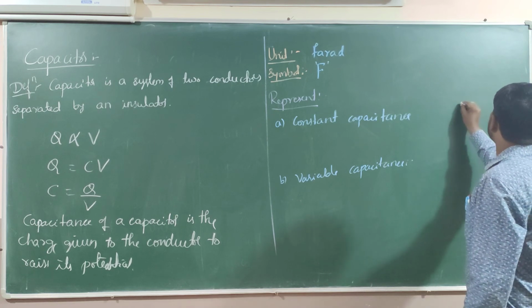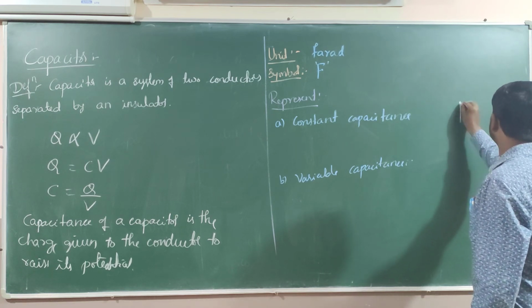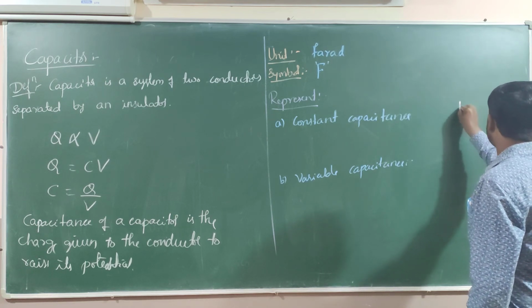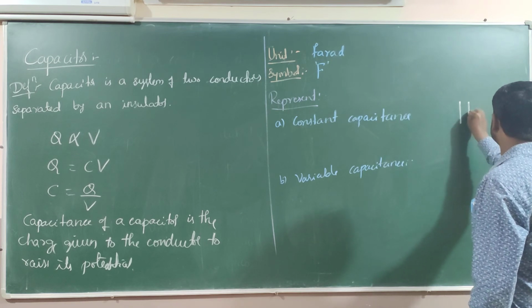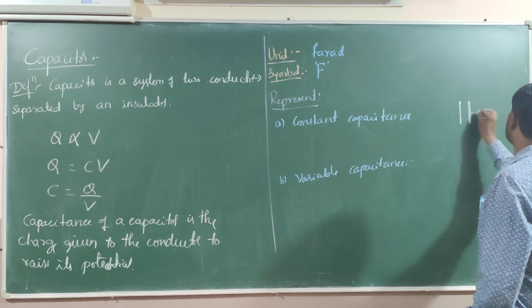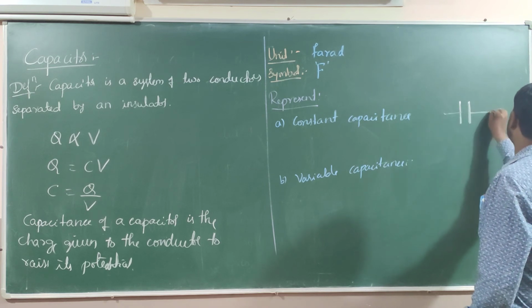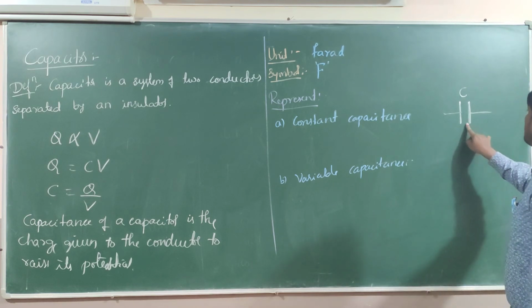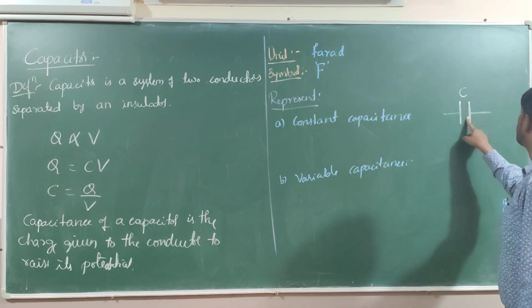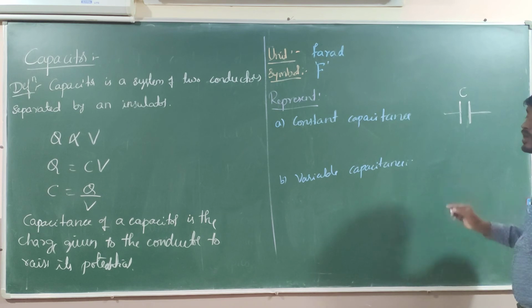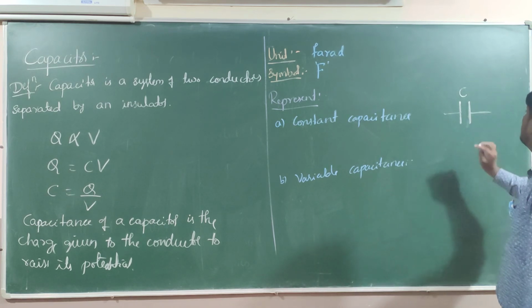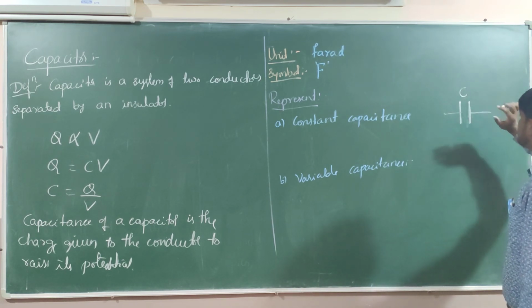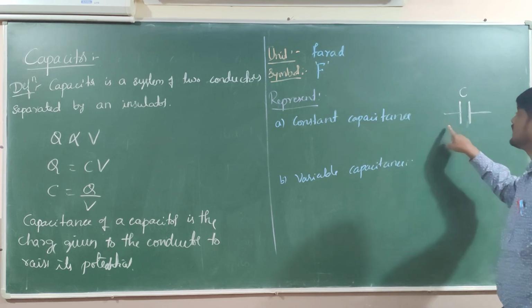Draw one line. The second line should be parallel to it, of the same length. Then draw two legs. At the head, you write just C. This is the capacitor. I repeat once again, the length of the conductor should be the same, not irregular. This is a constant capacitance.